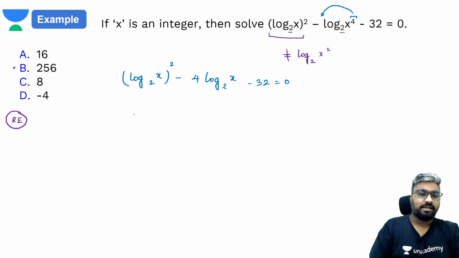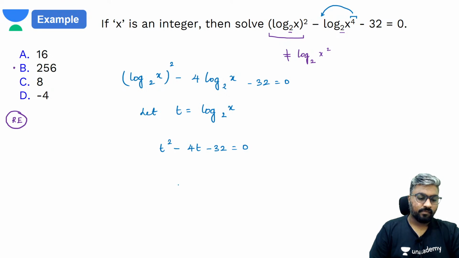So now, if I assume let t be equal to log x to the base 2, what will you get? t squared minus 4t minus 32 is 0. Agreed? So when we solve this, what would be the values of t, guys?